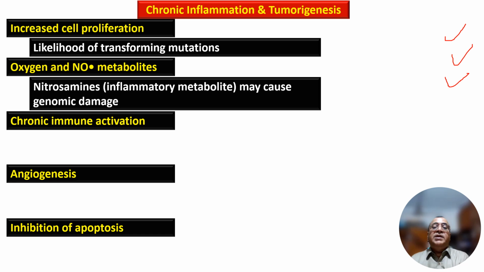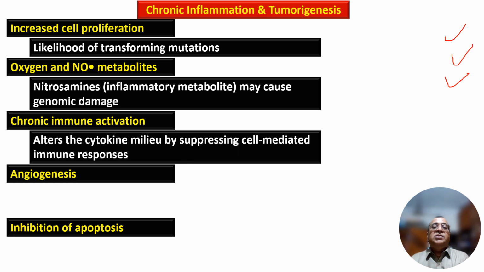These reactive metabolites can cause DNA damage and genomic instability. Chronic immune activation, that is one of the features of chronic inflammation, is characterized by altered cytokine balance, and this altered cytokine balance suppresses cell-mediated immune responses and reduces cancer surveillance.